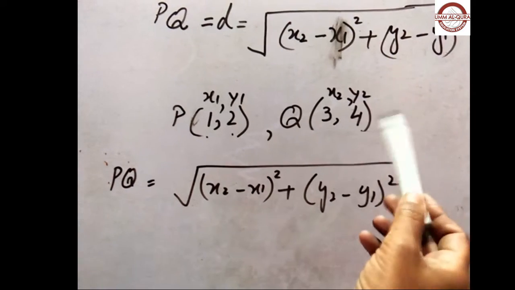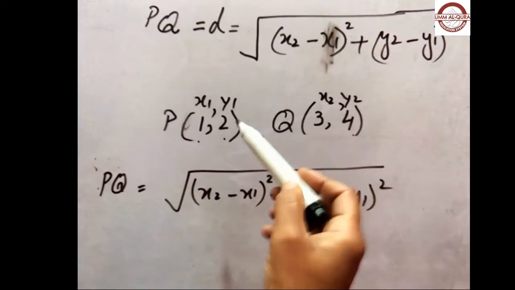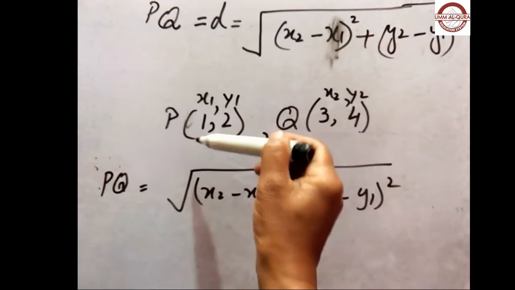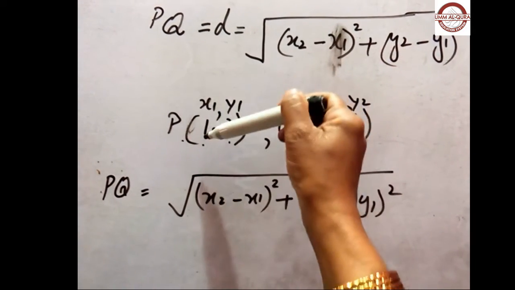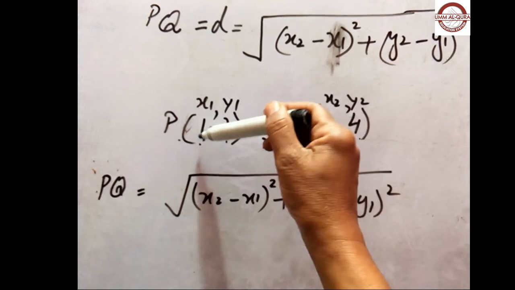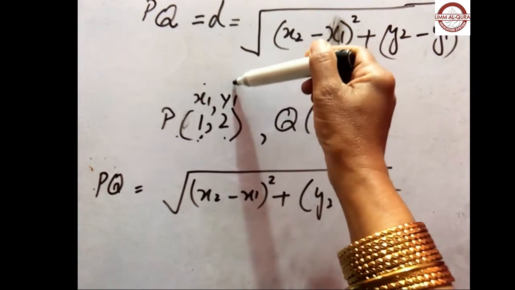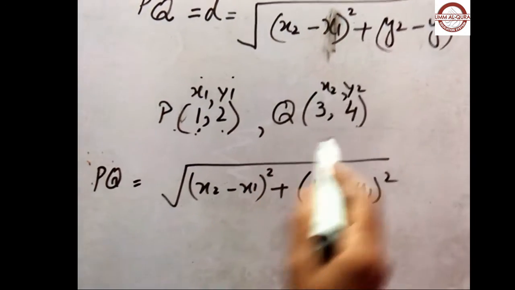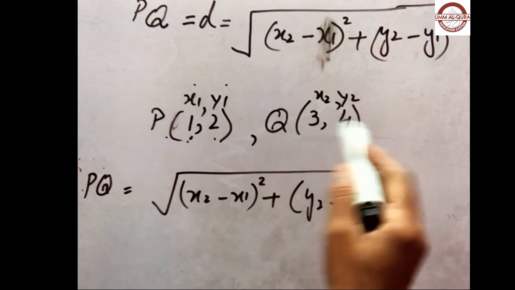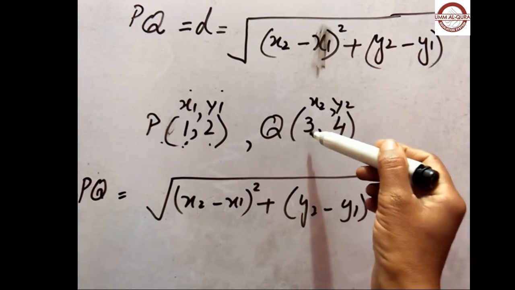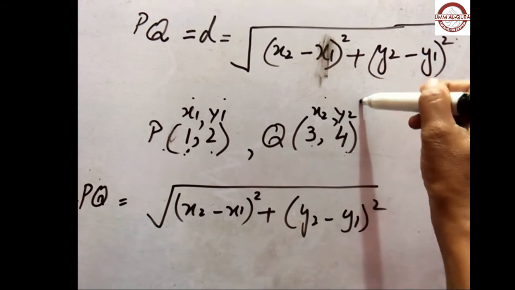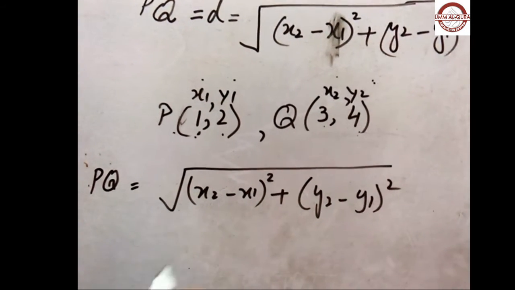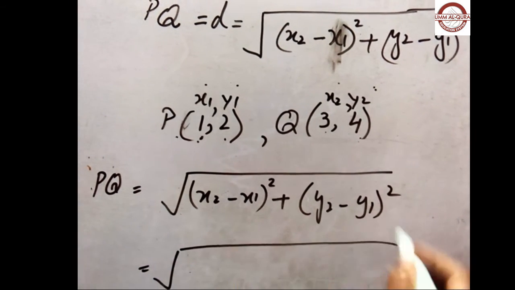For point P, we name the first coordinate as x1 and the second coordinate as y1. And for point Q, we name the first coordinate as x2 and the other, the y coordinate, as y2. Now we will put the values in this formula.